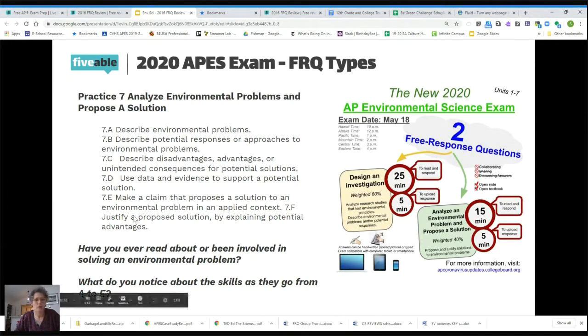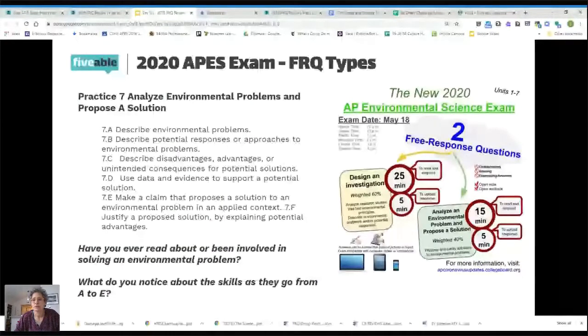Anybody? Have you solved yourself an environmental problem or been involved in it? That's real. Yes, I think bringing a project out of trash absolutely counts. Waste reduction is huge. Educating others is huge. Education will be part of this.